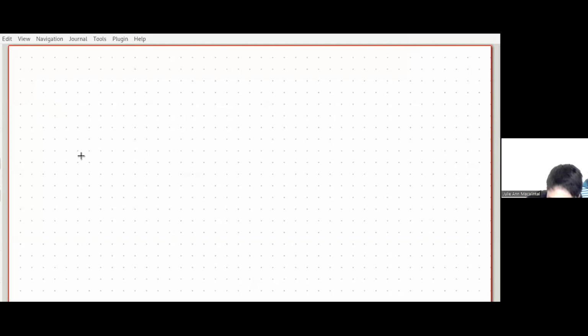So, let's abstract the problem. Okay, so, ito yung ramp. Tapos nun, ang may given na initial velocity. And then, let's call this theta.